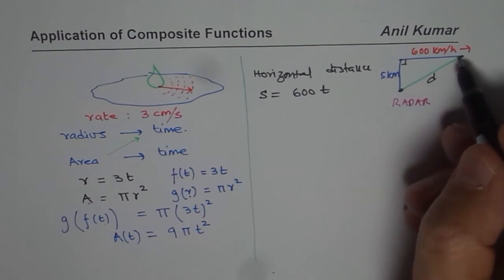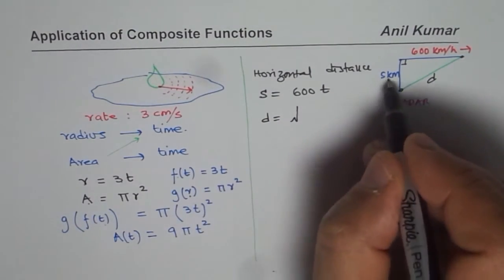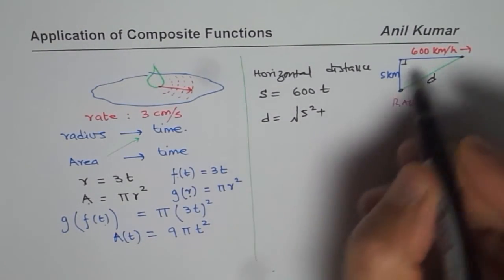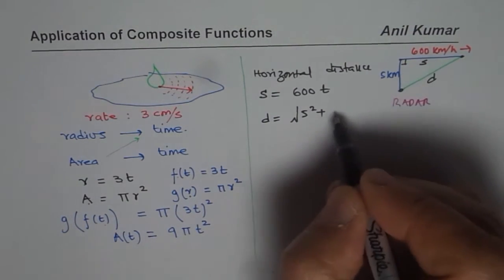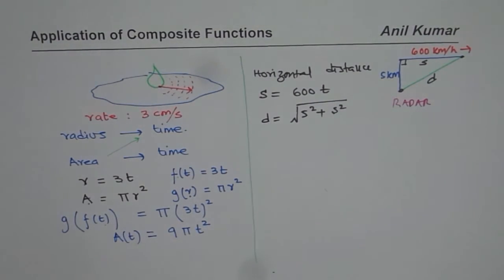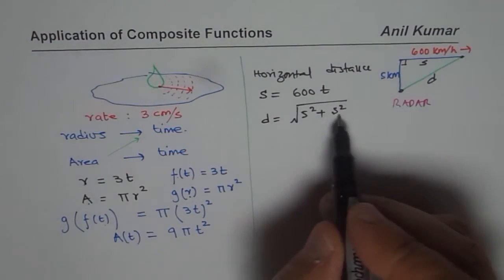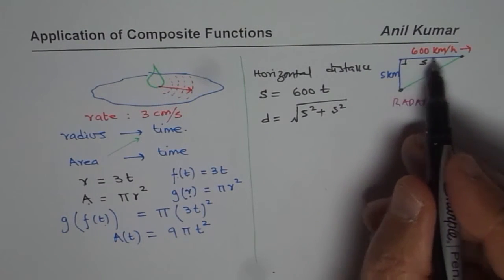Now how can you relate the diagonal? Diagonal d is equal to square root of 5 square plus whatever this distance is, s square. Is it okay? Now that is in terms of distance traveled by the plane horizontally.